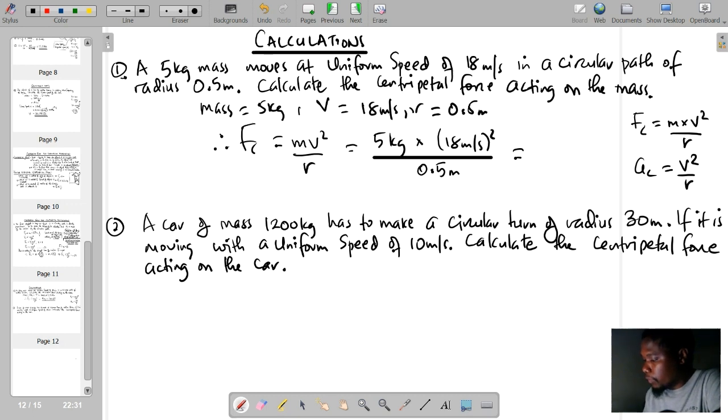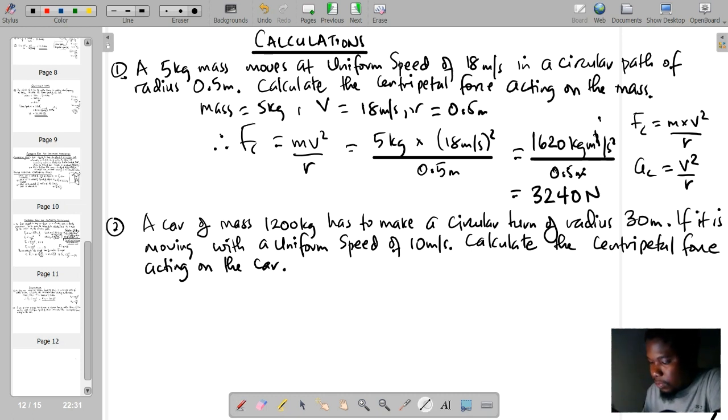So we have 5 kg multiplied by 18 squared, that gives us 1,620 kg meter squared per second squared, divided by 0.5 meters. This gives us 3,240 newtons. The kg meter per second squared is newtons. So that's the answer that we're supposed to find.